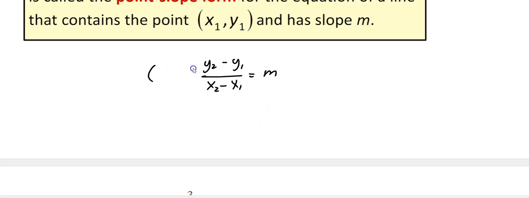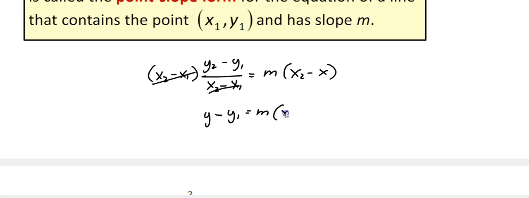Well, I can multiply both sides by x2 minus x1, and this reduces down, and therefore you end up having y minus y1 equals m times x minus x1.